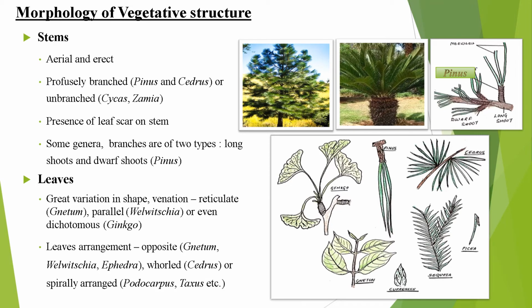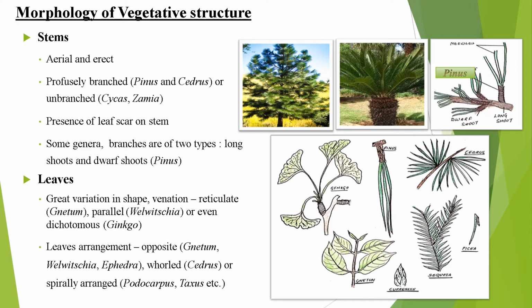Genera having branches consist of two types of shoot. One is dwarf shoot, another one is the long shoot. In third picture you can see the twig of pinus having both dwarf and long shoot. In gymnosperm, leaves are of variable shapes with different types of venation.